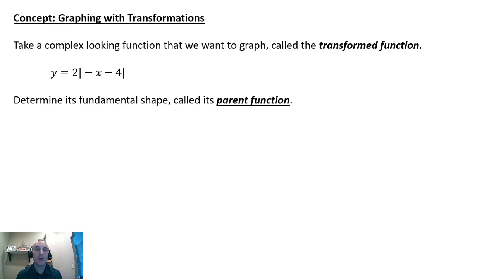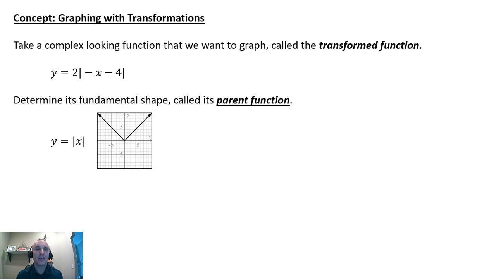And we start by making it the most basic function we can, determine its fundamental shape. And we call that the parent function. Parent functions are very basic functions typically that we understand really well. In this case, the parent would be the absolute value of x function, which has this V shape.